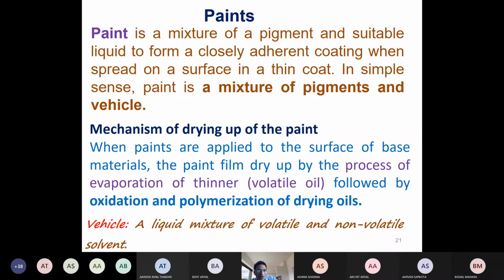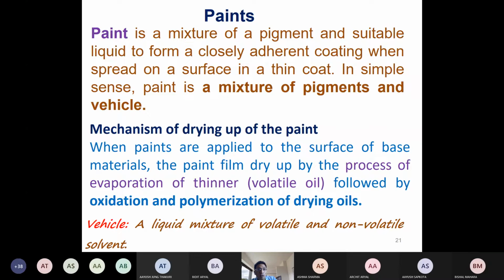In simple sense, paint is a mixture of pigment and vehicle. Vehicle is not like cars and buses. In this case, vehicle means a liquid mixture of volatile and non-volatile solvent. It is the mixture of pigment in the liquid that contains volatile and non-volatile solvent.